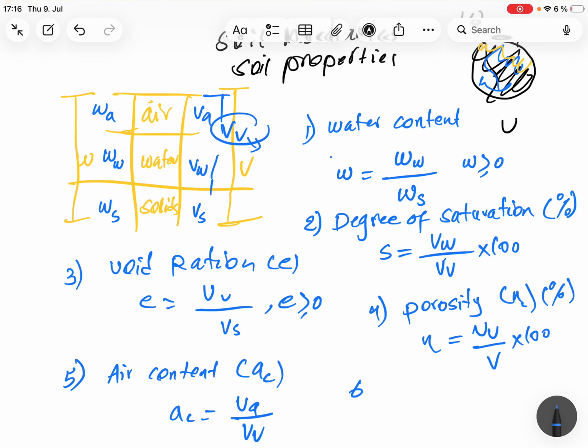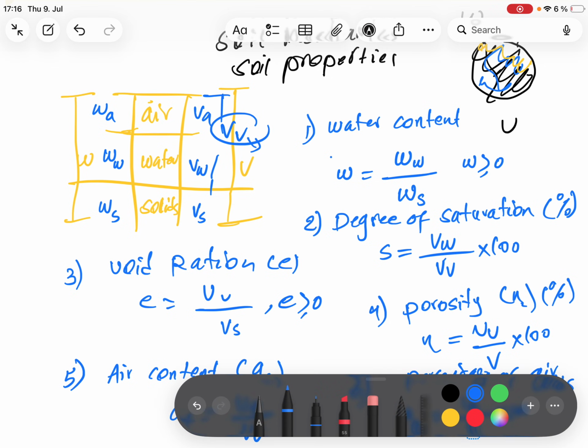The last relationship is the percentage of air voids, and it is basically shown with this symbol, and it is equal to the volume of air divided by the total volume times 100.